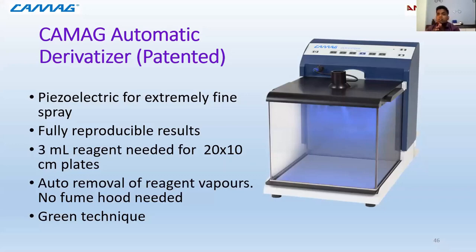So there is no contamination or pollution. The vapors will not come out from this hood. So very green, eco-friendly, eco-environmental friendly, we can say this technique. That is why this technique is called a green technique.